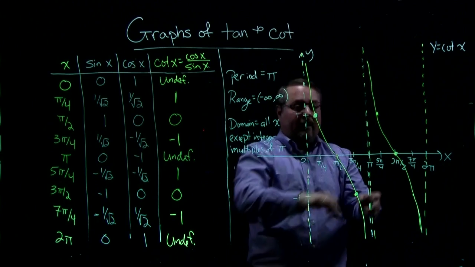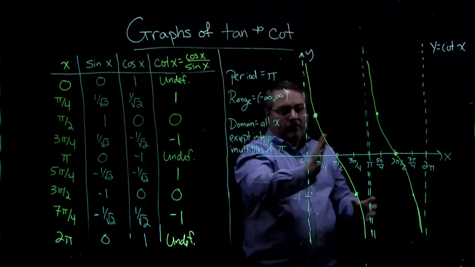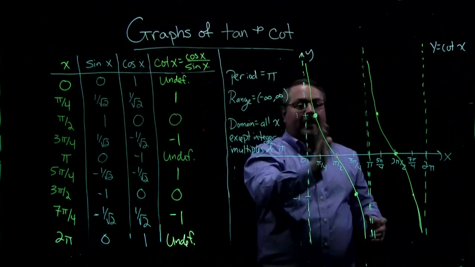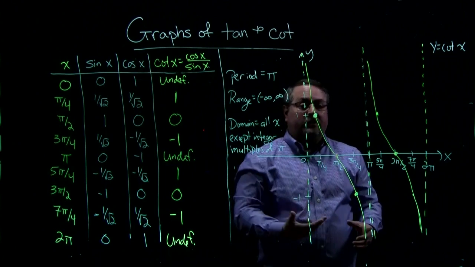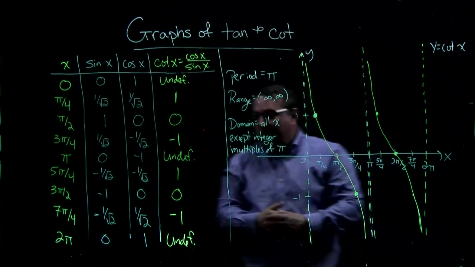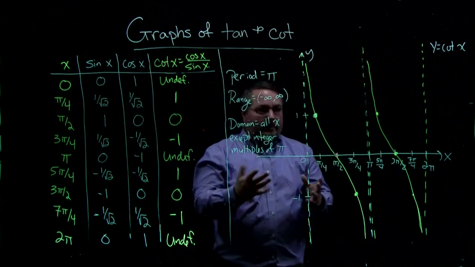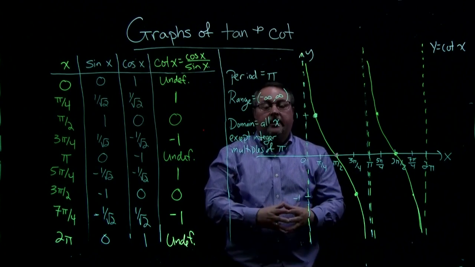So one up here, one down here. You figure out where your asymptotes are. In between there's going to be a point, and then in between that point and each of the asymptotes are going to be 2 more points. You plug those x values in and you get the y's, and you can connect the dots. We'll talk about that more in a future video, but this is the analogous operation to doing quarter points for sine and cosine graphs.